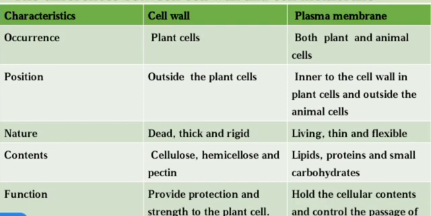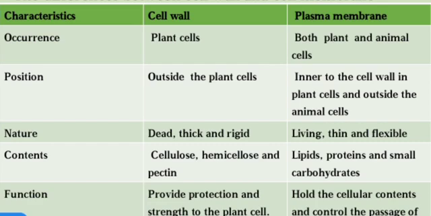Then the function of the plasma membrane is that it holds the cellular contents and controls the passage of material in and out of the cell. So the plasma membrane contains all the cell organelles and controls the passage of substances between one cell and another.